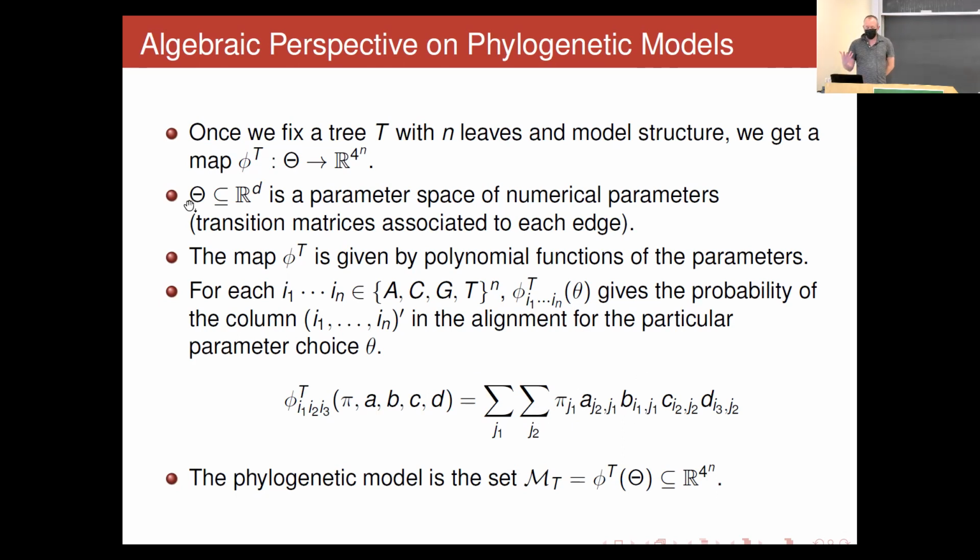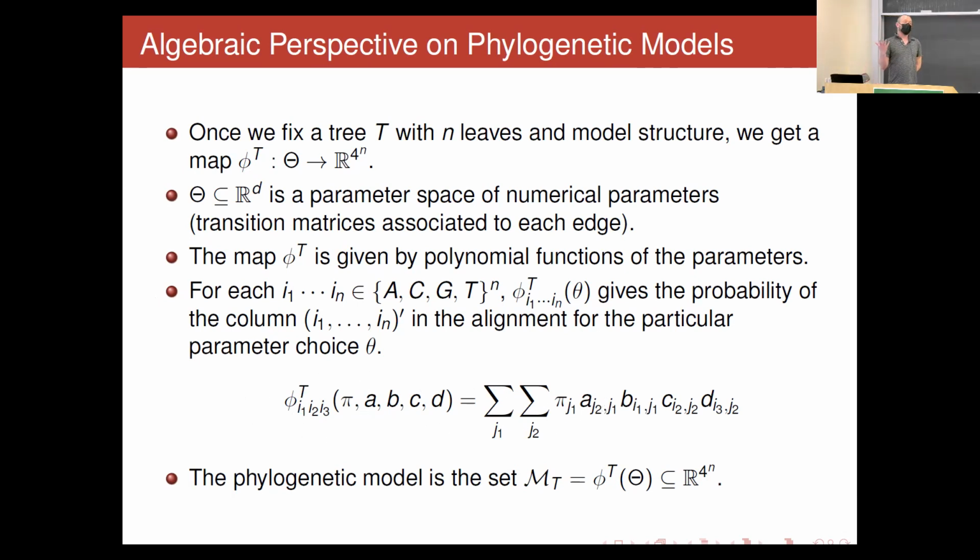Theta, again, is the parameter space of numerical parameters of the model, so what those different transition matrix probabilities can be. And those formulas for the probabilities are usually either polynomial functions or rational functions in terms of those parameters. And again, this is just what it looks like in the particular example tree I had on the previous slide.